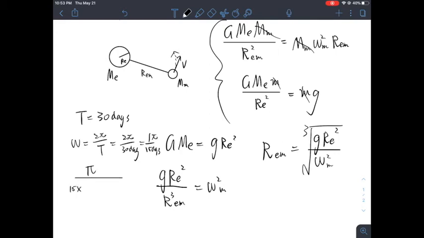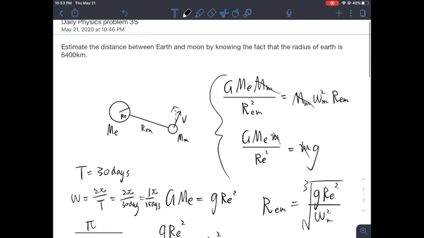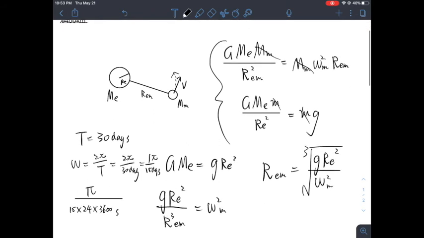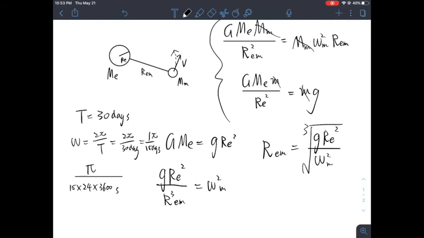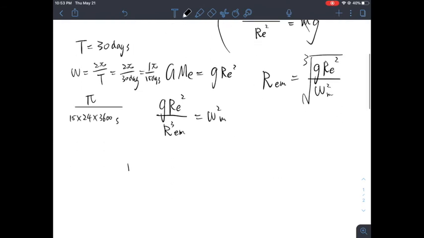Then we need to convert the unit of days into seconds. So we multiply by 24 hours, and each hour has 3600 seconds. Then, knowing the period and the angular frequency, we know the radius of the Earth is 6,400 kilometers.